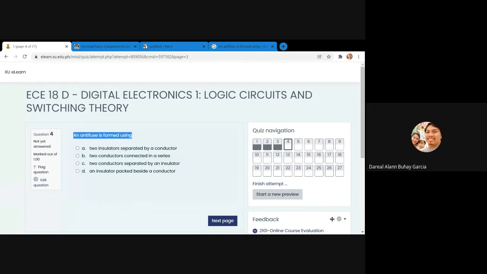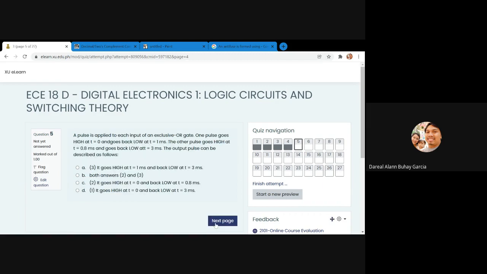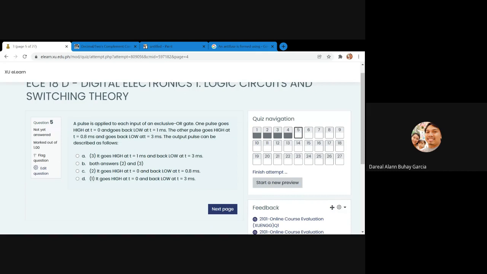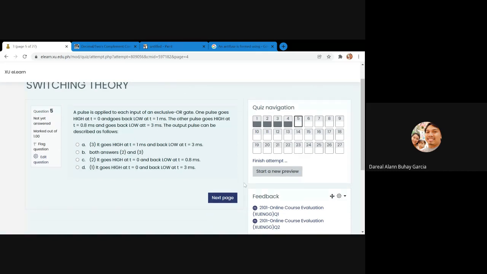Two conductors connected in a series. Skip na lang yun. Baka ma-answer natin later. So, guess ninyo. Medyo technical. Anong anti-fuse ito?